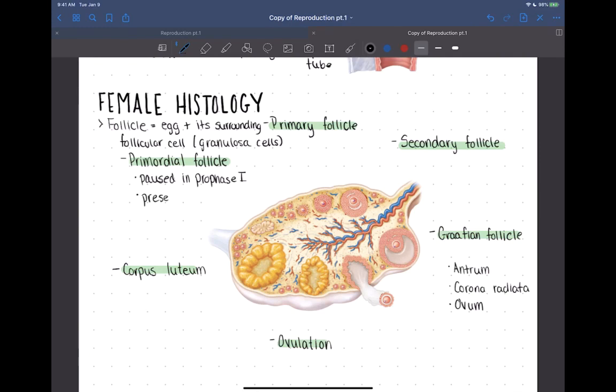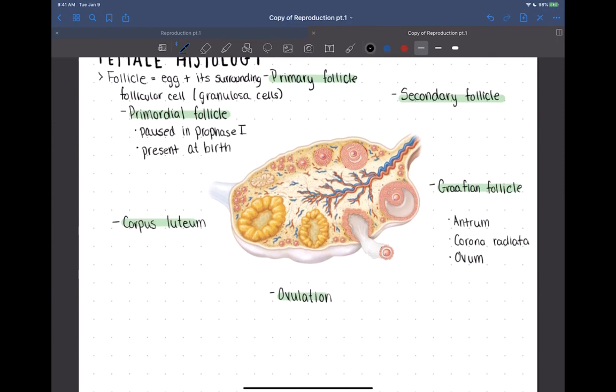All the primordial follicles you're going to have are present at birth. They're located along the outer edge, the cortex of the ovary. So if you're looking at a slide of the ovary, the outer edge out here is where you're going to see all of those primordial follicles. That's what they're showing in this picture with all these little guys here. Those are all primordial follicles.